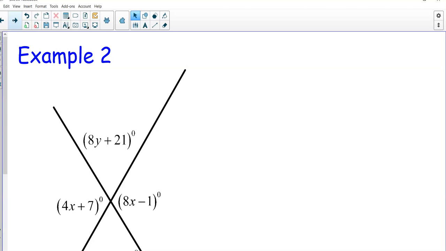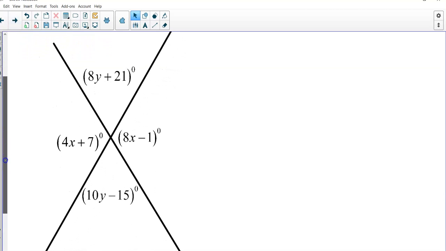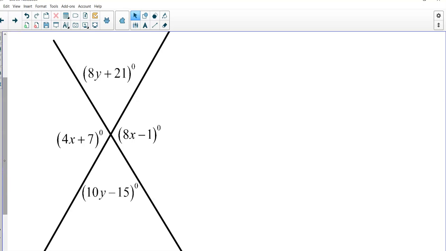Okay, so example number 2. Same idea behind what we just did, except now we've got x's and y's, and we're dealing with some algebraic situations. We can set these up knowing that different angles are vertical or supplementary.